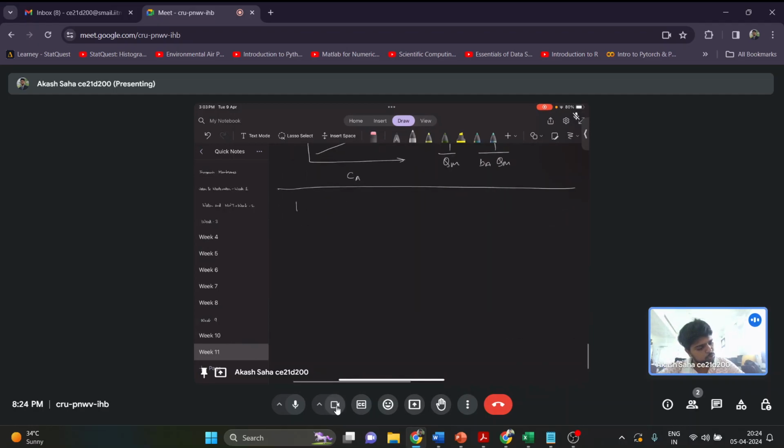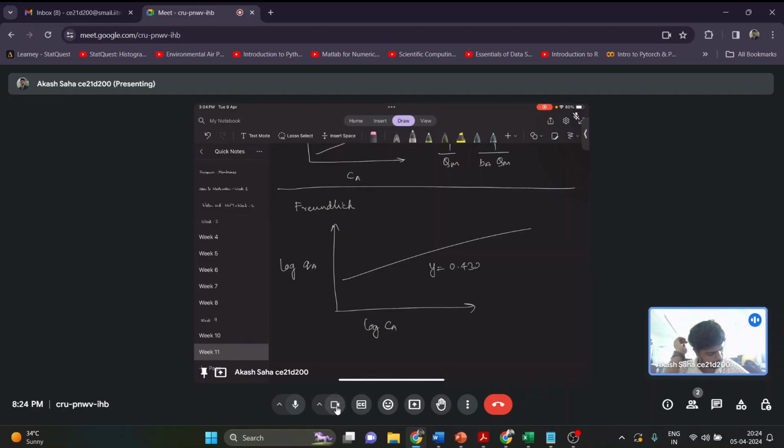Now if you do for Freundlich, okay, so here again we will make a graph between log Ca and log Qa. So if you make a graph like this, again we will plot it, add a trend line, and we will get y is equal to 0.4327x plus 2.2831.